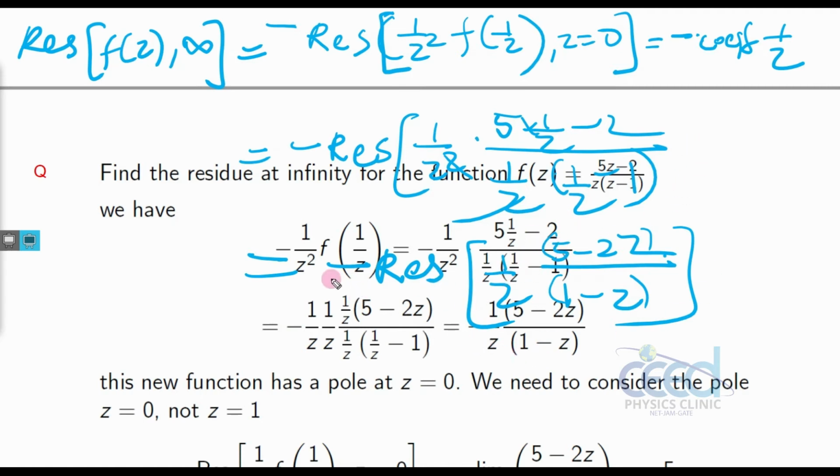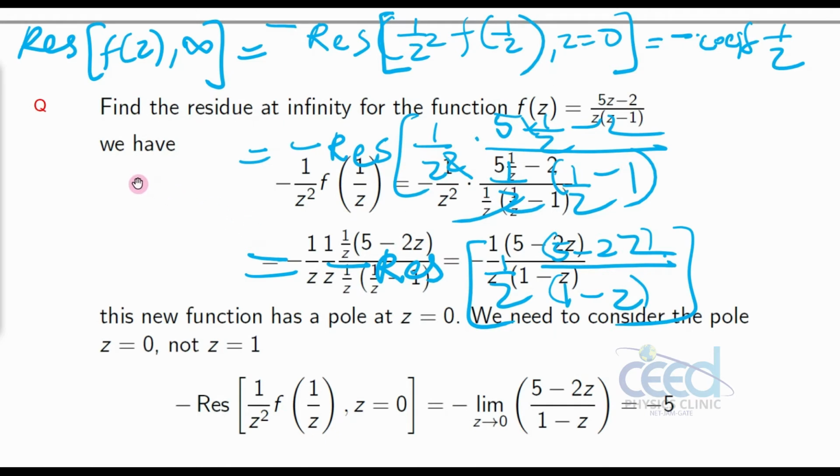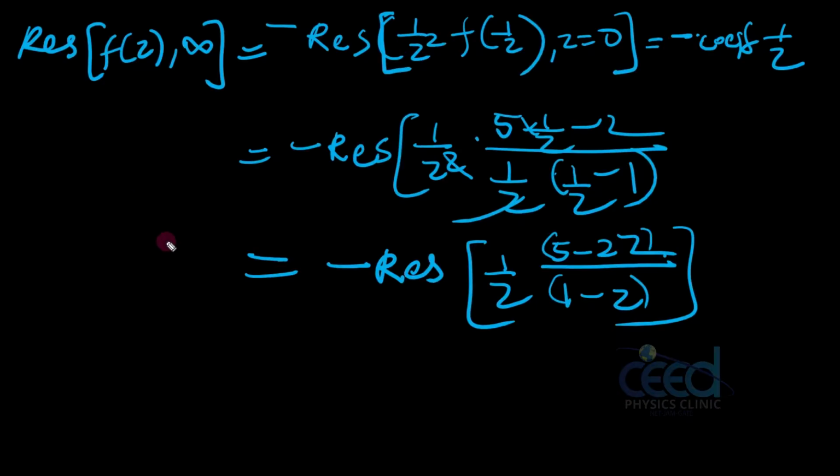We are keeping the negative sign here, so we need not put the negative sign again. So this is equal to our residue, and by our formula we take z is equal to 0. At z is equal to 0 there is a single pole, right? So I can write minus of the residue, keeping the minus here. So z is equal to 0 is a single pole here, right?